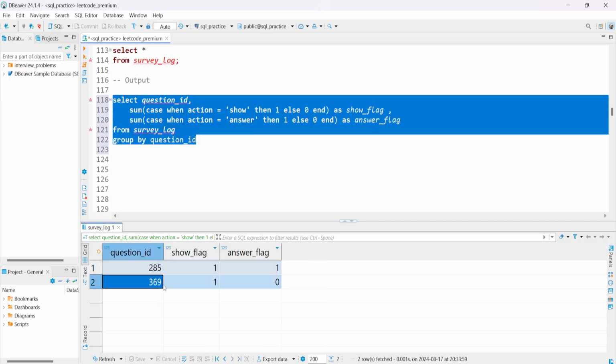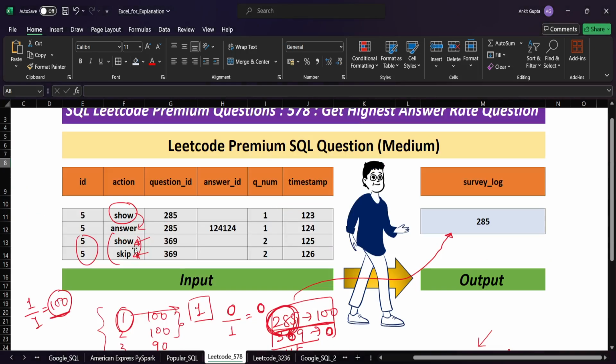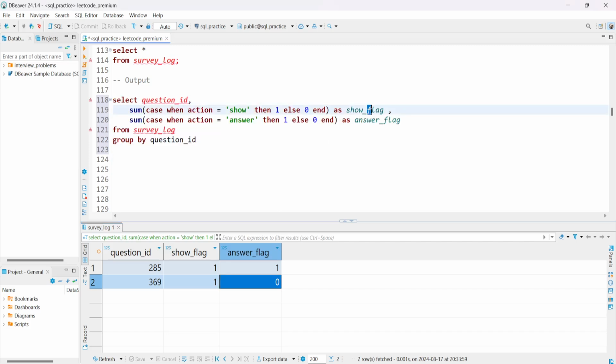Okay, now we can find the ratio after this. For this one, the total number of times the users viewed is 1, and answer is 1. For this one, the viewed count is 1 and the answer count is 0, that we saw over here also. For this one, answer count is 0. Now instead of writing flag, we can write count.